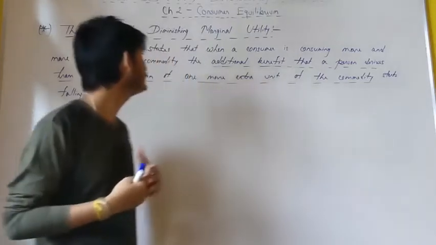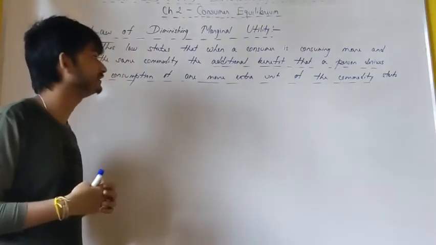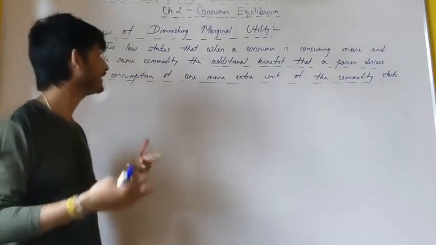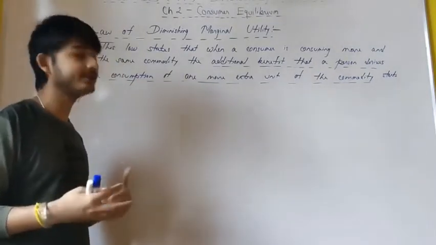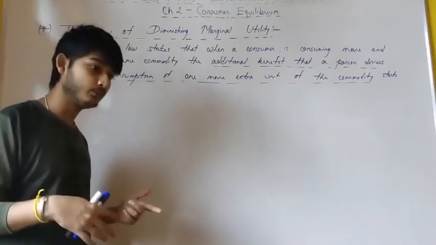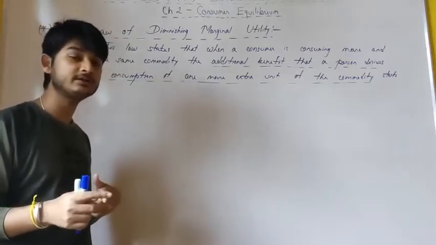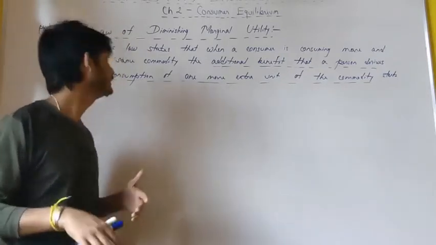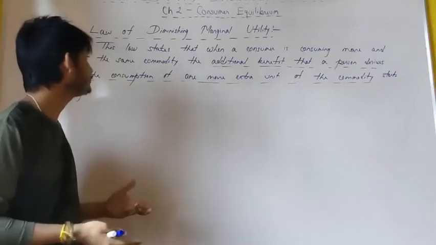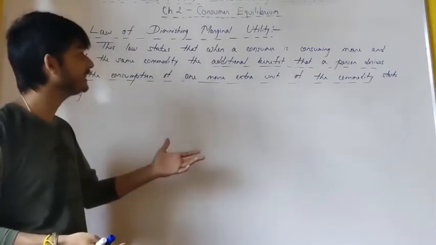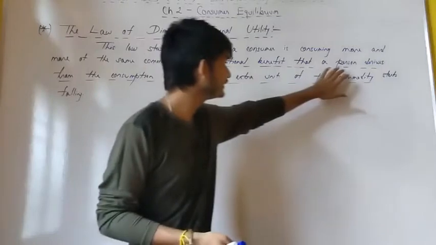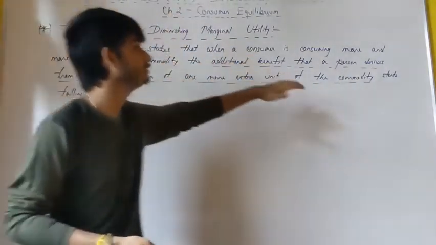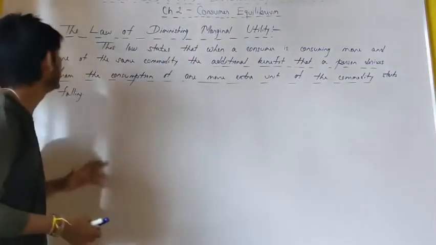And this is the simple law of diminishing marginal utility, which says that whenever a consumer consumes more and more of the same commodity, and we need to keep in mind that we should not consume different commodities, we need to keep consuming the same commodity, the marginal utility, which is the additional benefit that a person derives from the consumption of one more extra unit of the commodity, starts falling.